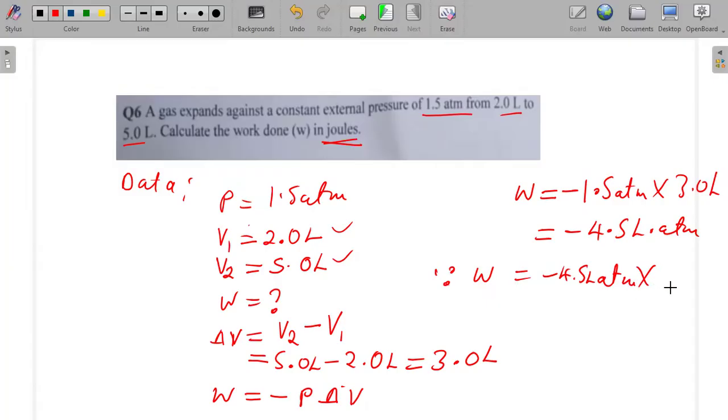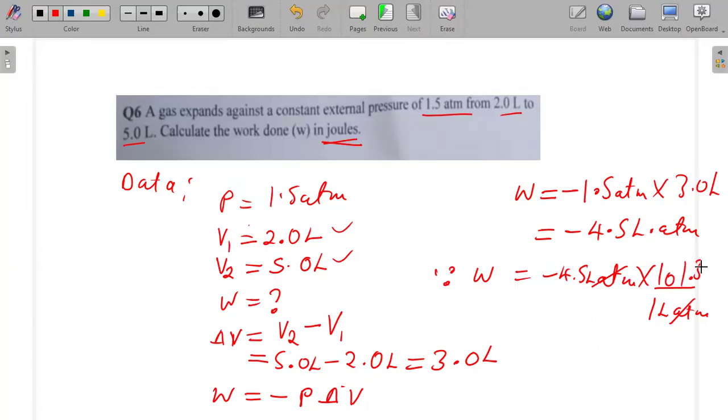I'm going to bring 1 liter atmosphere down, so that the liter atmosphere and the liter atmosphere will cancel there, isn't it? So I need to know how many joules 1 liter atmosphere gives me.